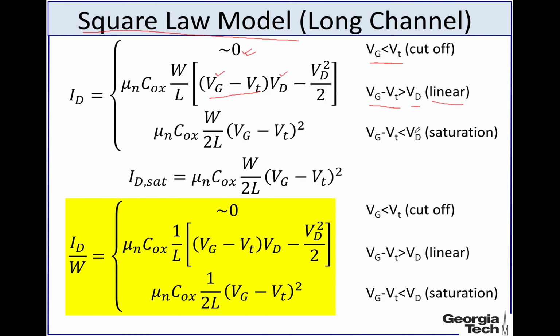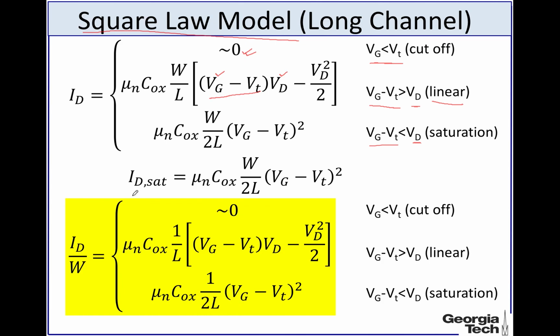And finally, when drain voltage becomes larger than Vg minus Vt, then the current depends on the square of Vg minus Vt, and it's independent of the drain voltage.